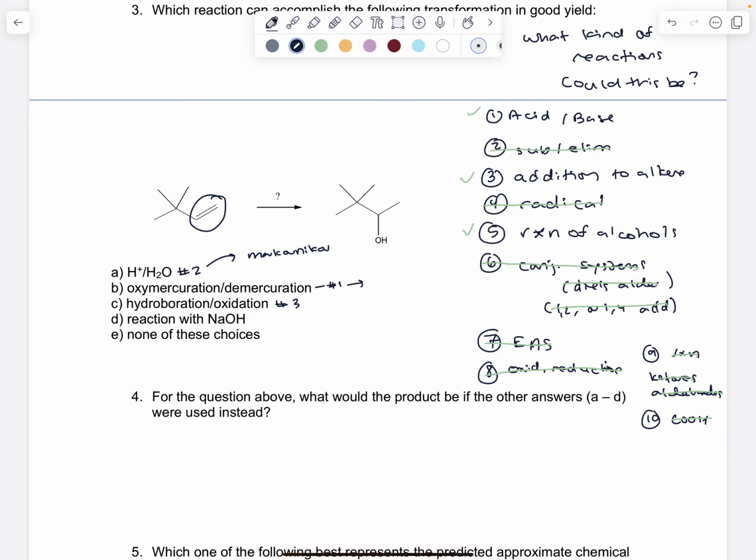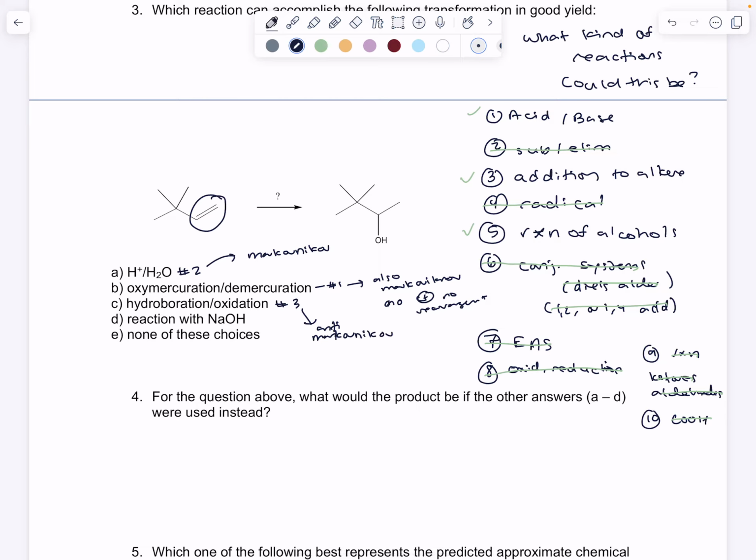This will also add Markovnikov, but it doesn't have the possibility for rearrangement because it doesn't go through a carbocation mechanism. So no rearrangement. And then the last one is anti-Markovnikov. The alcohol would add to the least substituted side.